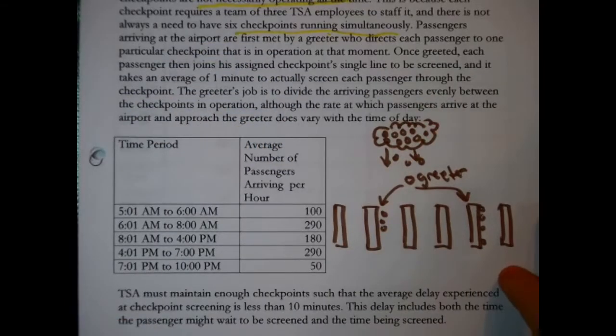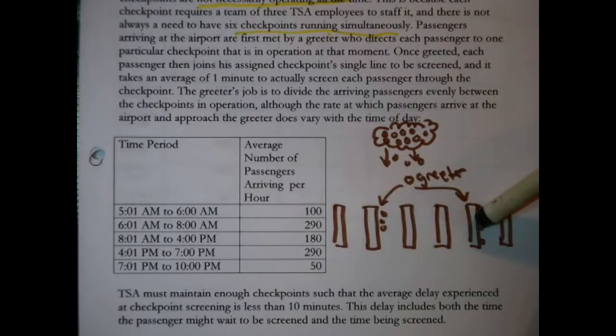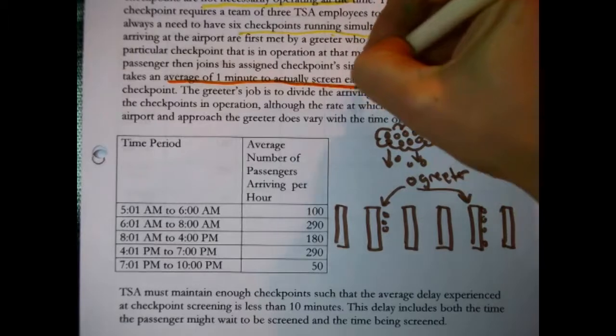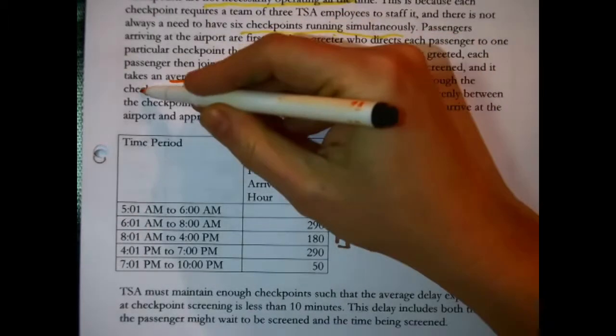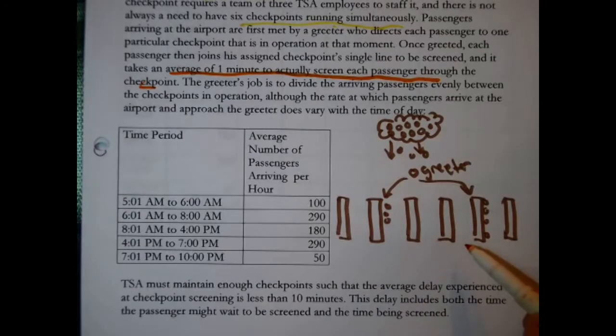Once greeted, each passenger then joins an assigned checkpoint single line. And it takes an average of, now that is an important piece of information, it takes an average of 1 minute to actually screen each passenger through a checkpoint. So each checkpoint is a service system.